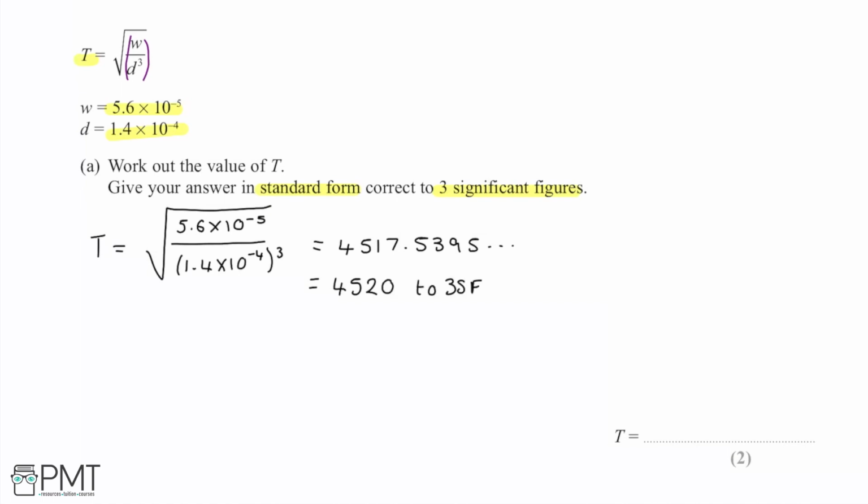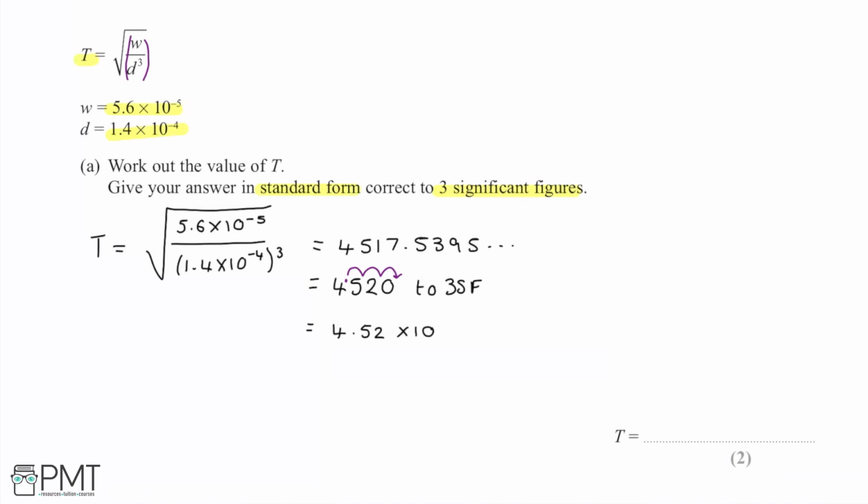Now we can put this into standard form. So again, we need a number between 1 and 10 basically. So we can take it down to 4.52, which is between 1 and 10, times 10 to the power of some value. And if we were to pop the decimal point in here, we'd have to move it 1, 2, 3 places to the right to raise the value of 4.52 to 4,520.